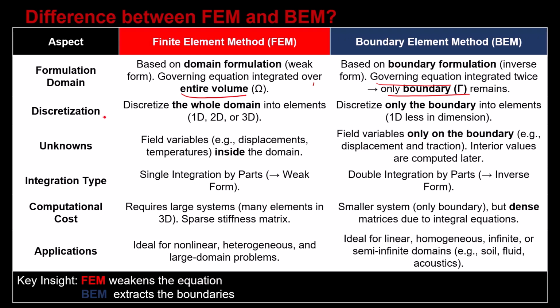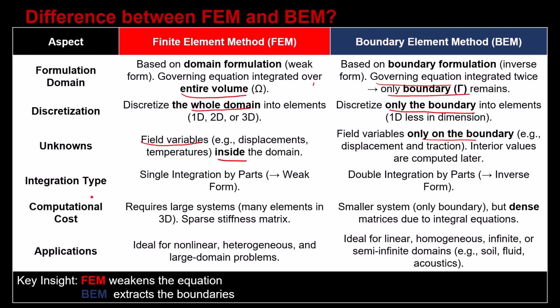Considering the discretization, we discretize the whole domain in finite element, but in boundary element, we only discretize the boundary. Considering the unknowns, in finite element, field variables like displacements are the unknowns inside the domain. But in boundary element, field variables only on the boundary are unknowns. Interior values will be computed later.